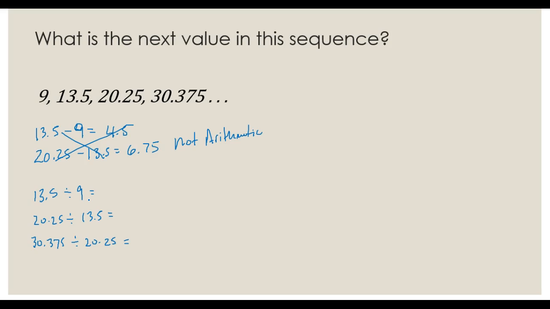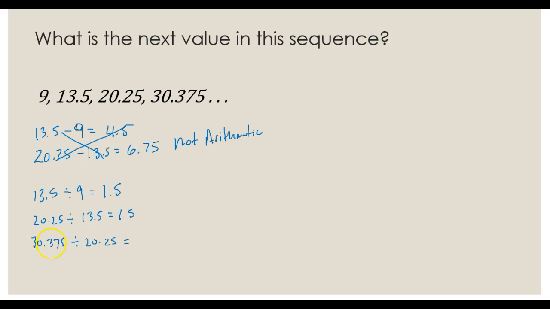So 13.5 divided by 9 is 1.5. So that's promising. I don't know why I say that's promising, but it seems promising to me. And then 20.25 divided by 13.5 is 1.5 also.